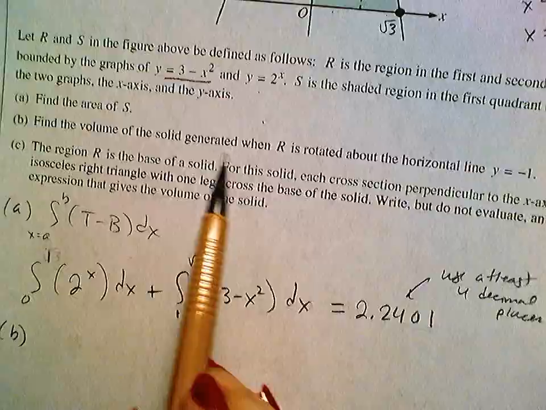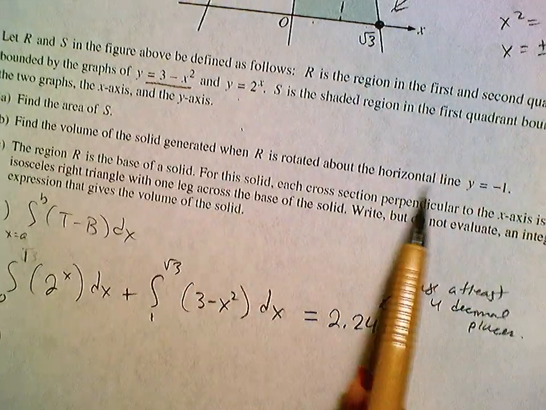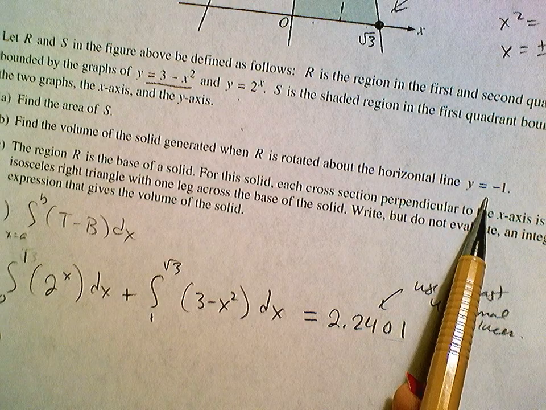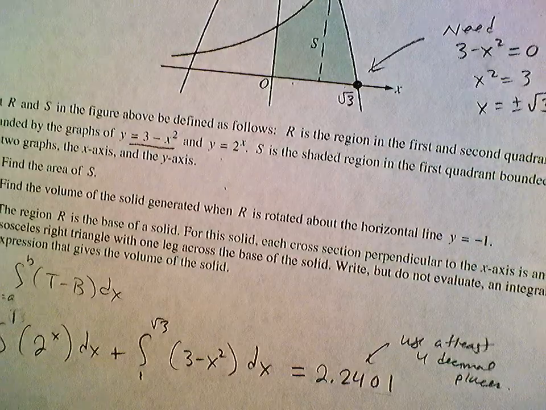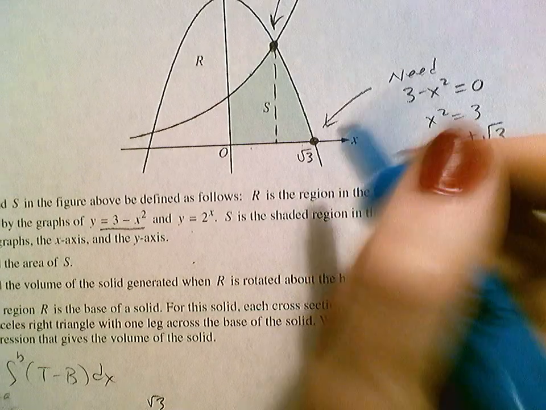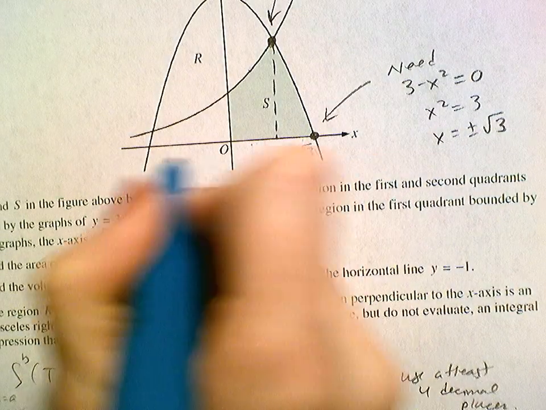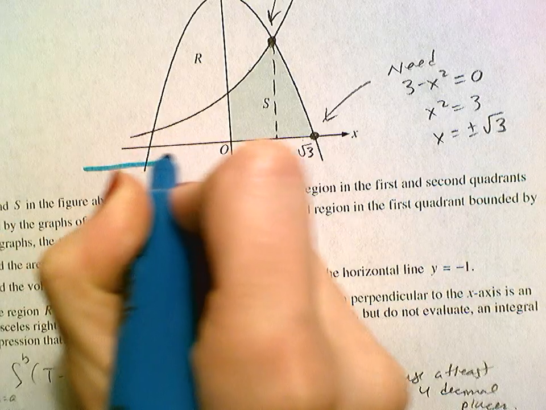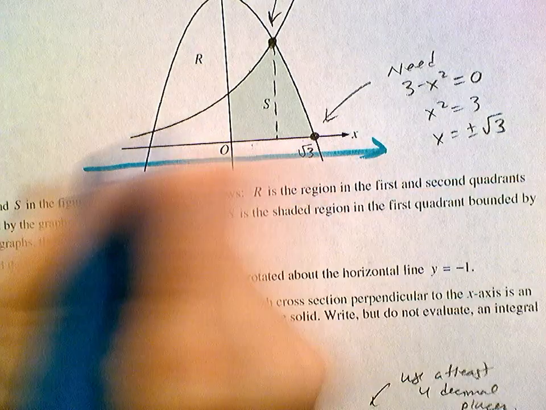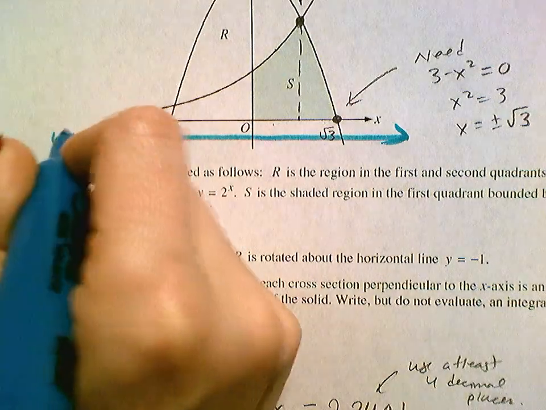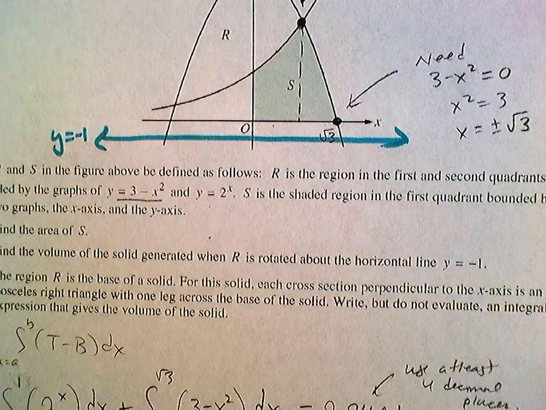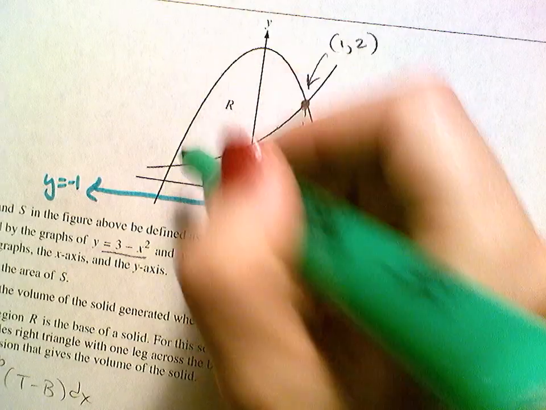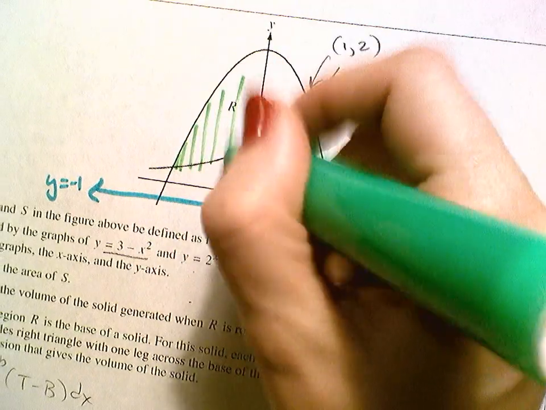Find the volume of the solid generated when R is rotated about the horizontal line y equals -1. Let's say that down there is y equals -1, and we're going to rotate R around it.